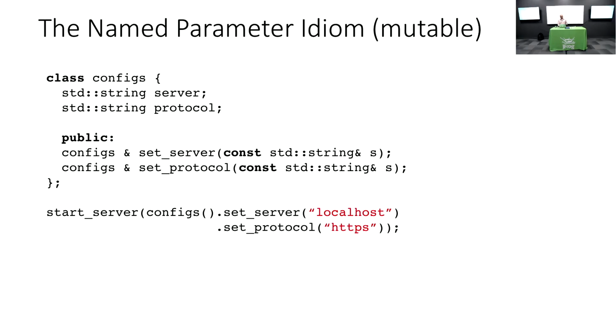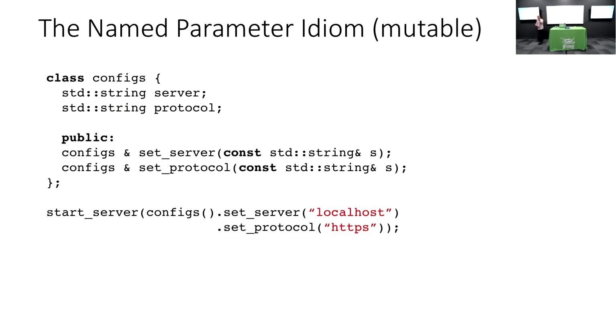So here's an example of where a lot of temporaries are generated, and you might want to modify them. The named parameter idiom is useful when you want to pass in multiple arguments to a function or a constructor, and they happen to be of the same type. For instance, say 5 to 10 string parameters.